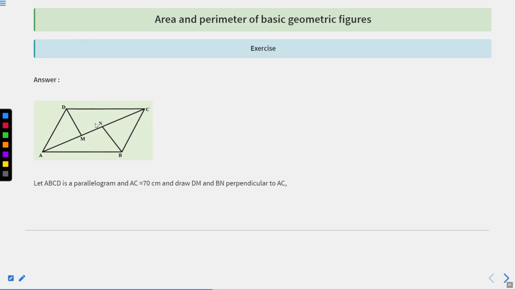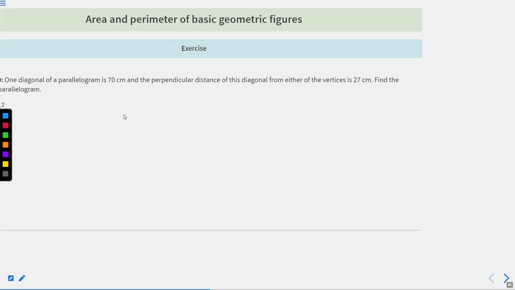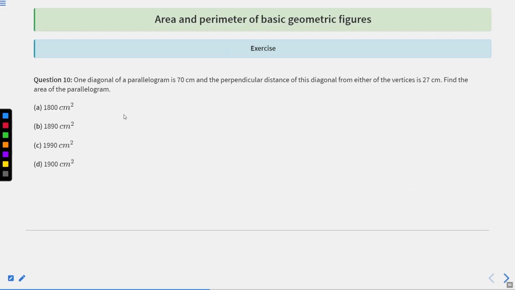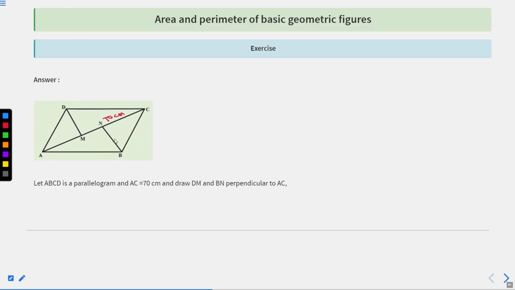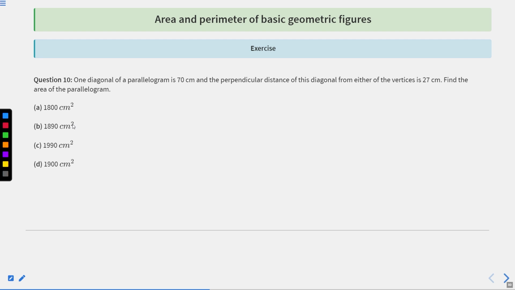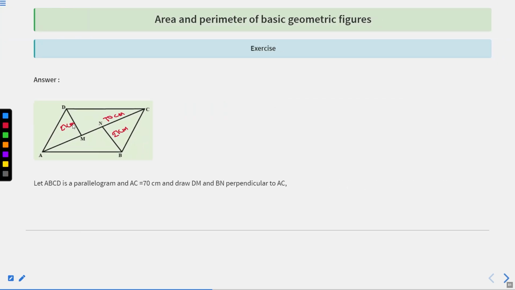And secondly, the perpendicular distance of this diagonal from either of its vertices is 27 centimeter. This is also 27.